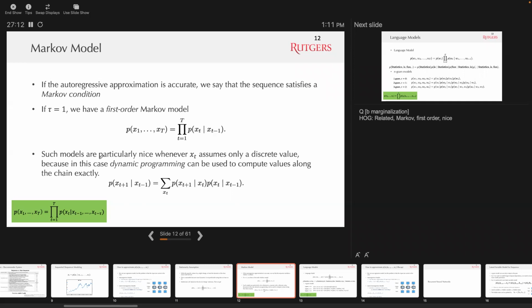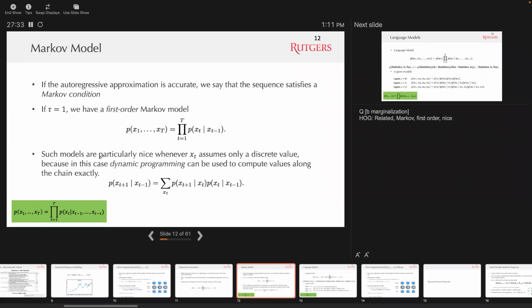So that will give you p of x_{t+1} given xt, and p of xt given x_{t-1}. Okay. So this is what's nice about the Markov model.